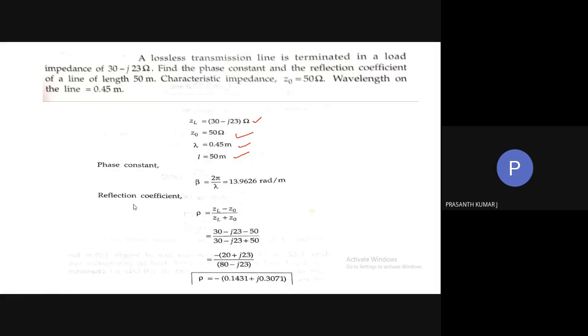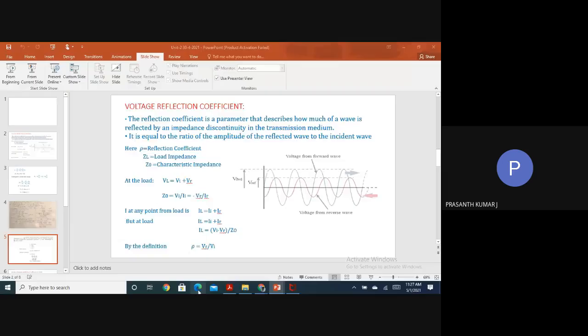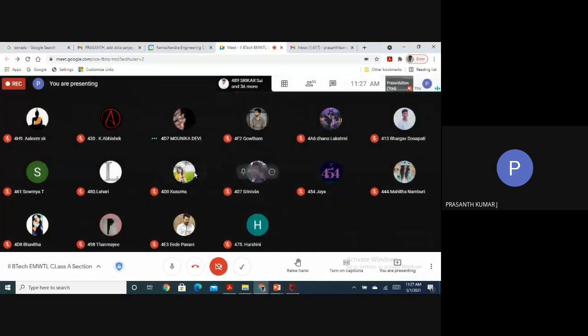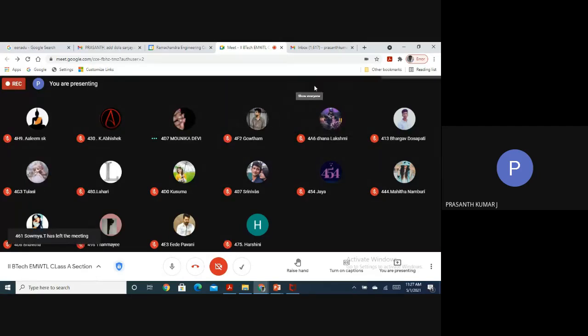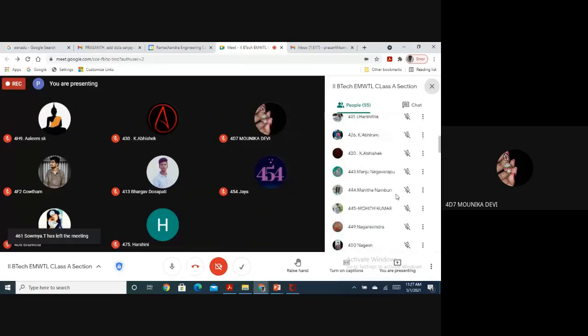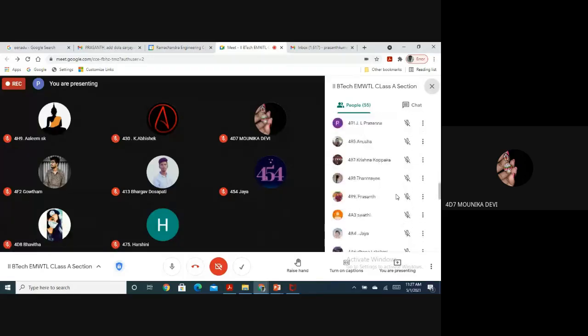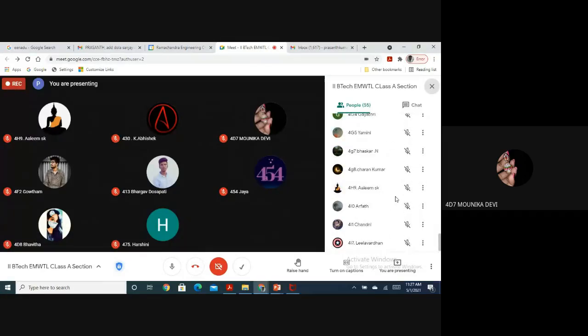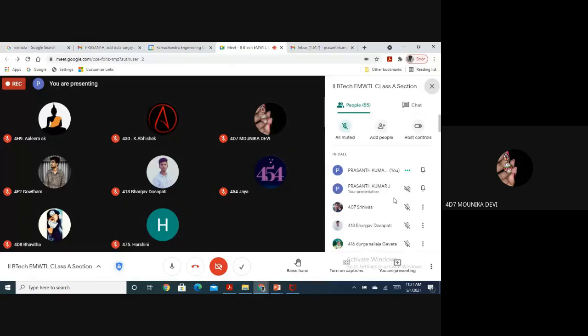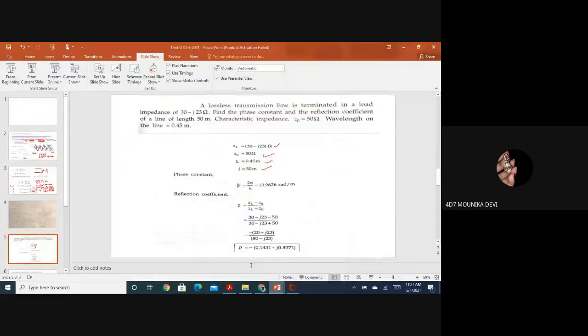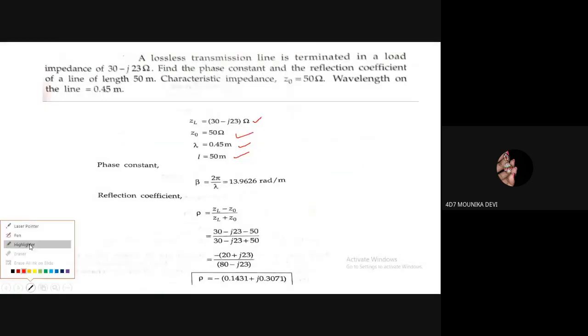Next, reflection coefficient. What is the formula to find reflection coefficient? The formula for reflection coefficient is rho equal to (ZL minus Z0) by (ZL plus Z0).